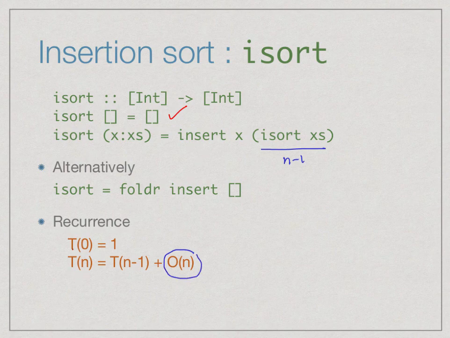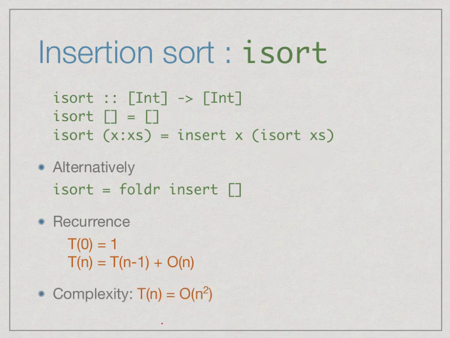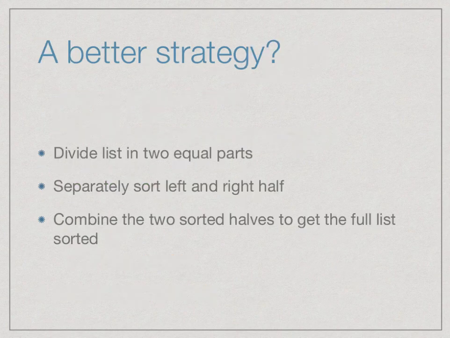Therefore the recurrence for insertion sort says that T of 0 is 1 and T of n is T of n minus 1 plus O of n. We have seen this recurrence before, and we know that if we expand it out, we get T of n is O of n squared, because we will get something like 1 plus 2 plus 3 up to n.